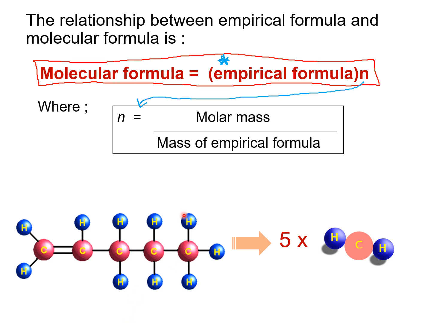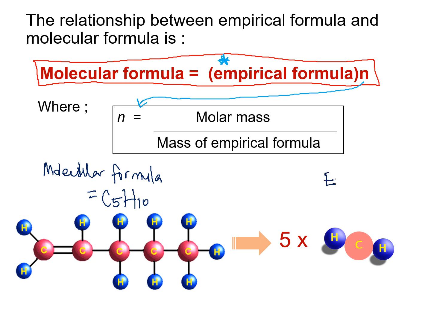Alright, so if you look at this example, this molecule actually dia ada molecular formula of C5H10. Okay, kenapa dia dapat molecular formula C5H10?